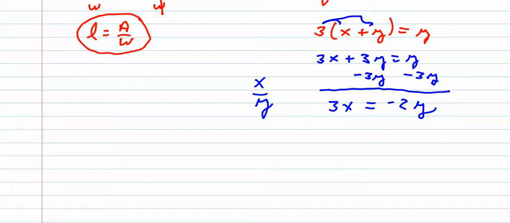I want x over y. So if I want a y in the denominator, I'm going to have to divide both sides by y. Now I have x over y, but I have this 3, so I also divide by 3. My 3's cancel, my y's cancel, and I have x over y equals negative 2/3.